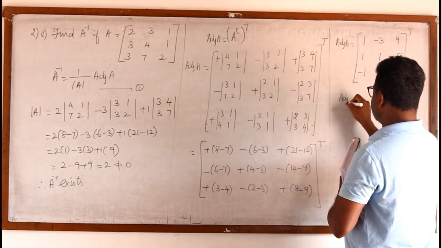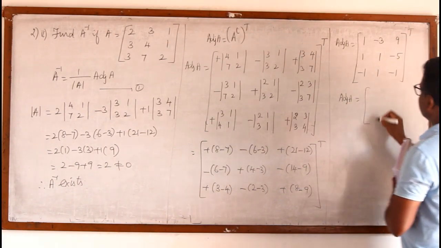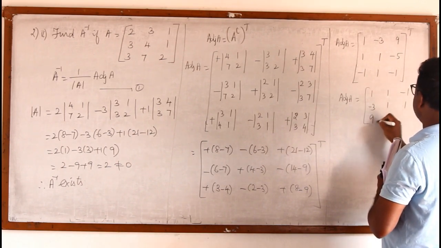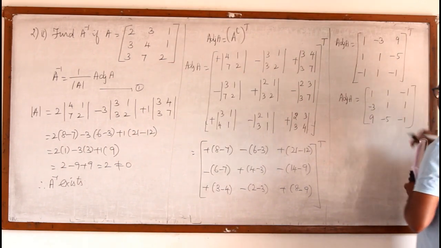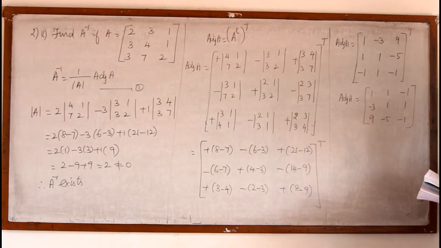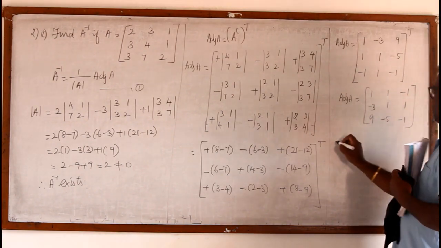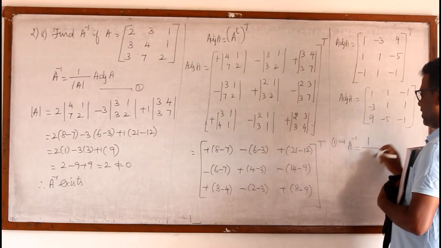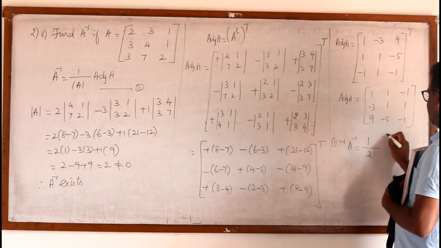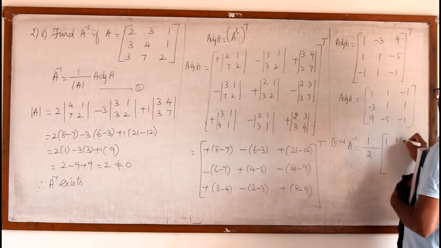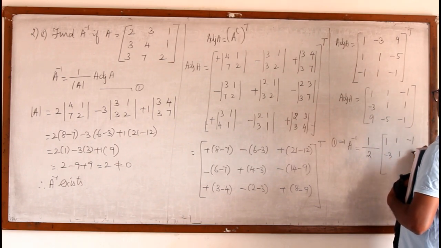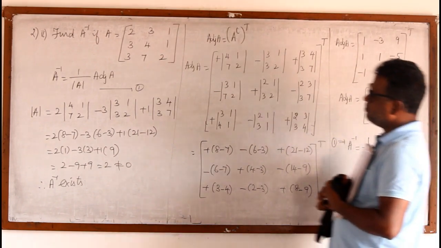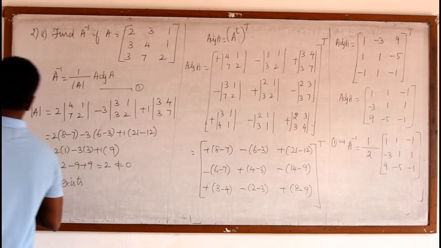So now transpose it. It is 1, 1 minus 1, minus 3, 1, 1, 9 minus 5, minus 1. Therefore, A inverse equal to 1 by determinant of A, which is 2, into adjoint of A: 1, 1 minus 1, minus 3, 1, 1, 9 minus 5, minus 1. So this is how we can find the inverse of the matrix.